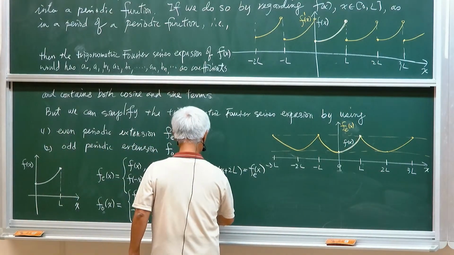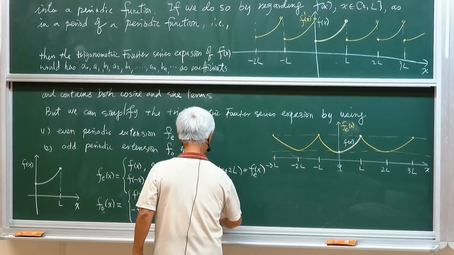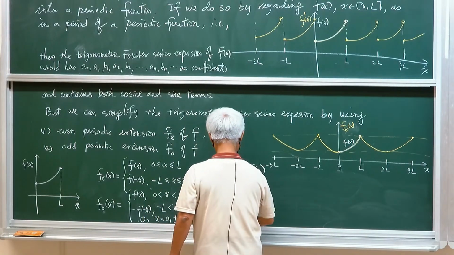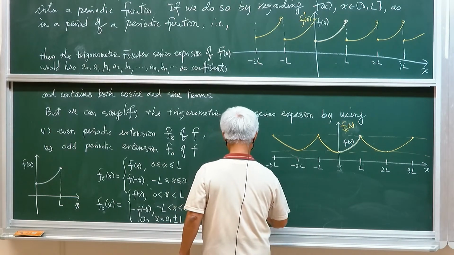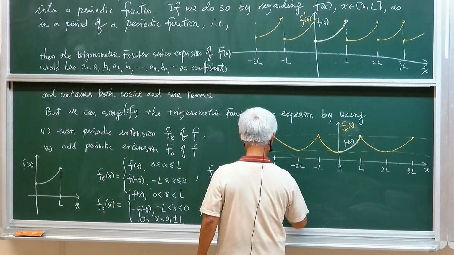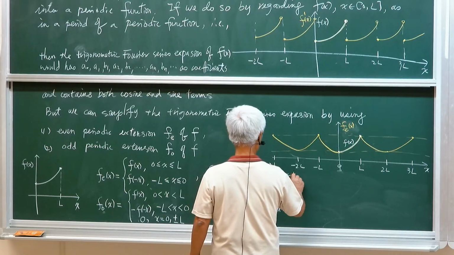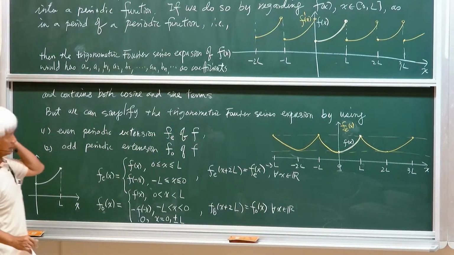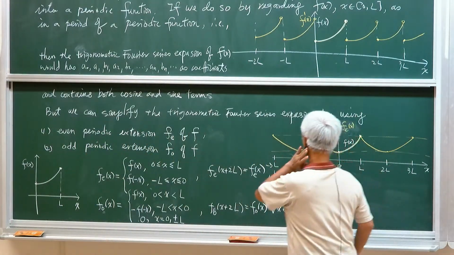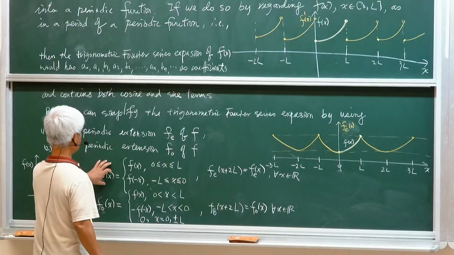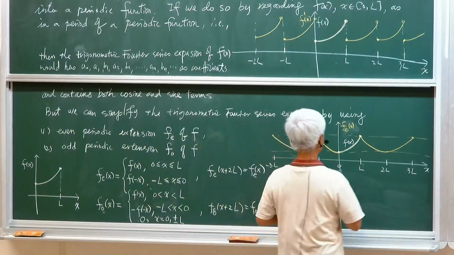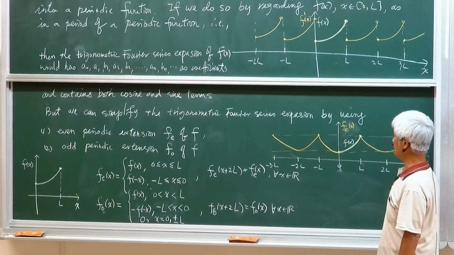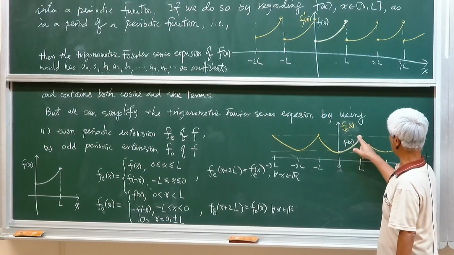And then you extend, define f of x plus 2L to be f of x, for all x in R. So you can see for even periodic extensions, you can preserve the original function 100%, including the two endpoints.